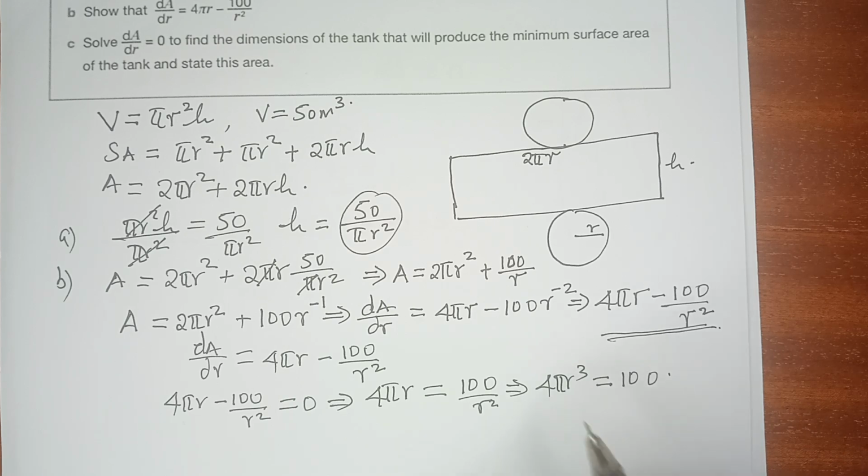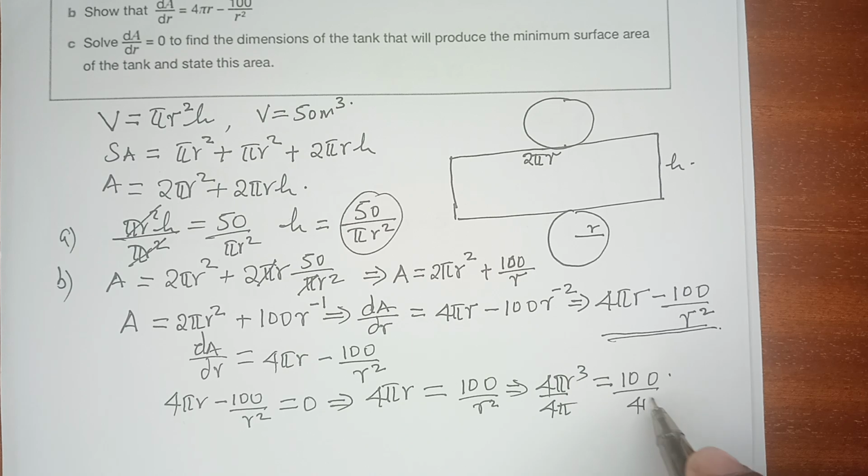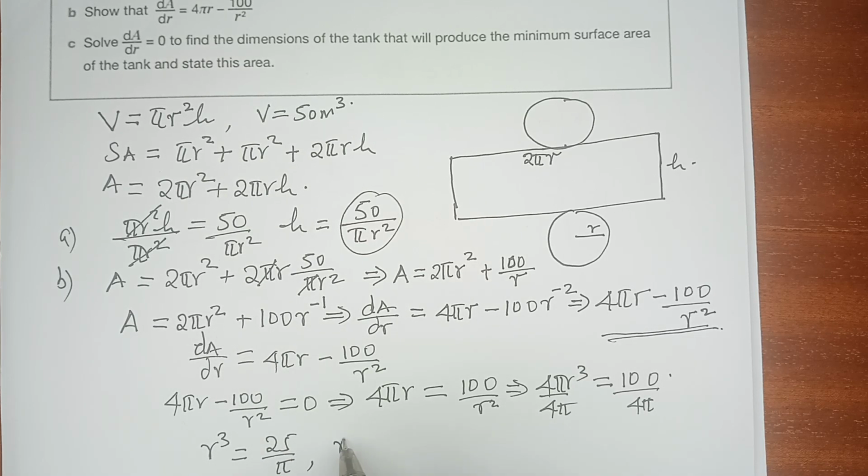If we divide both sides by 4π, we are simply saying that r cubed is equal to 100 over 4π, which is 25 over π. In this case, r is equal to the cube root of 25 over π.